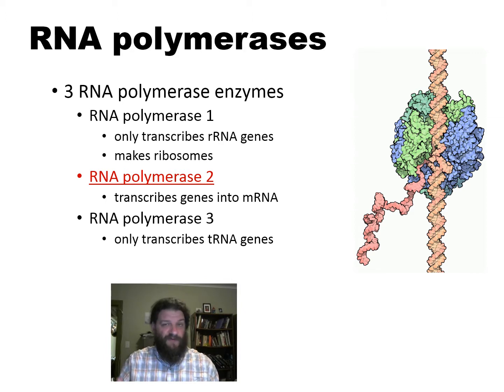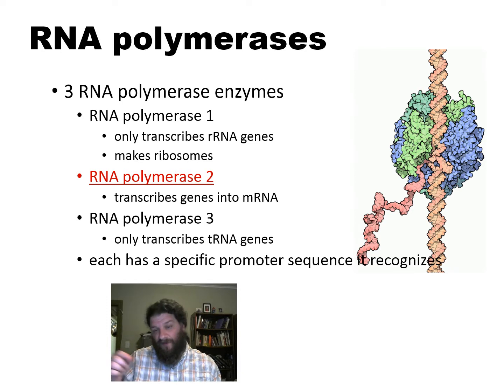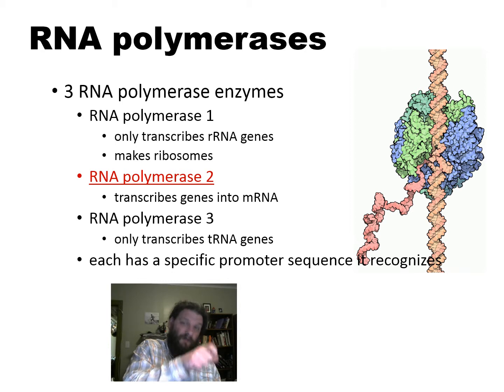Now, what allows these different RNAs to be made from different genes is that each RNA polymerase has a different promoter sequence. There's a sequence of bases that is encoded into the RNA polymerase that allows it to only attach to the DNA at a particular promoter sequence.